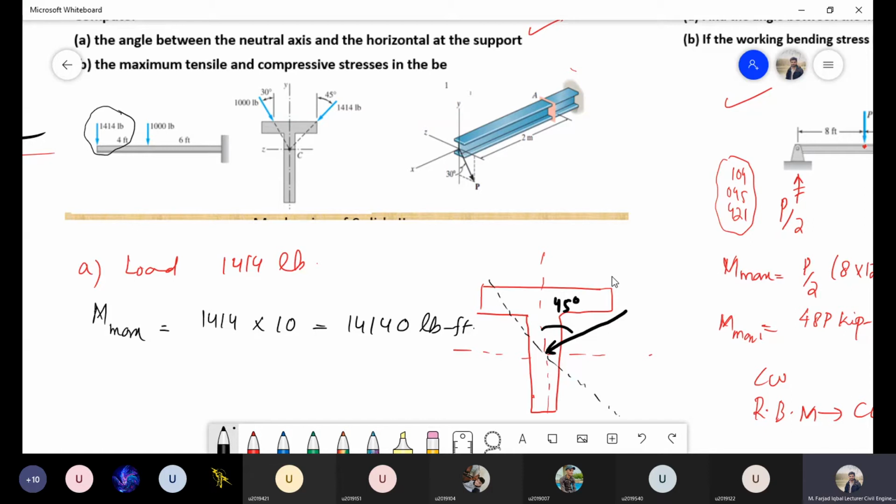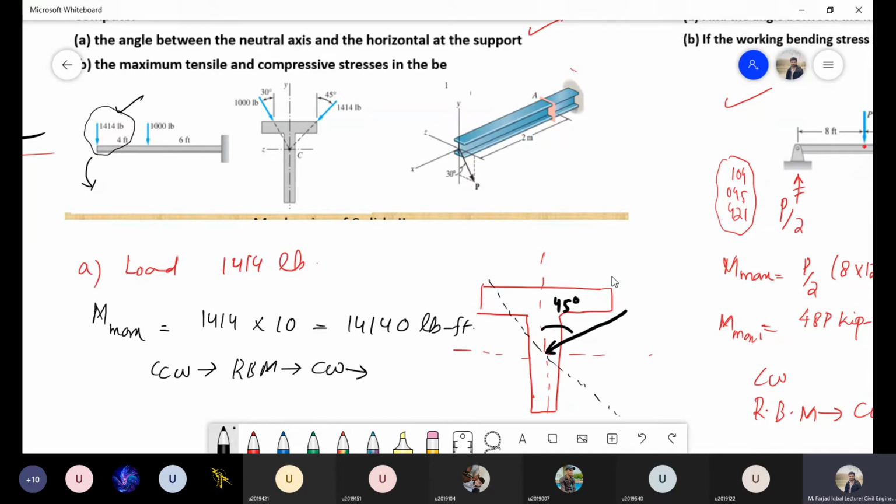And now this movement is being produced by this load of 14 pound. Now we have to figure out the direction, whether it is inwards towards the centroid or outwards. Now this movement is being produced in counterclockwise direction, right? So the resistive bending moment will be in clockwise direction.